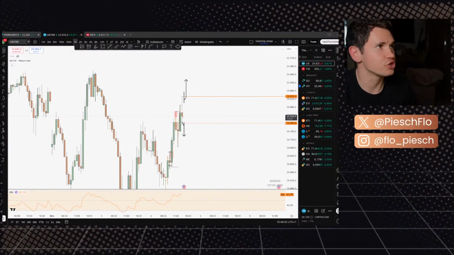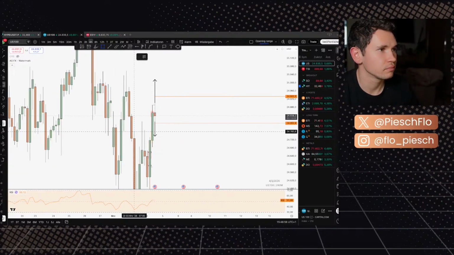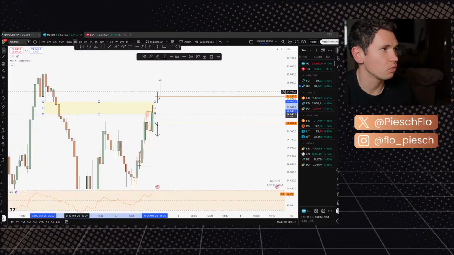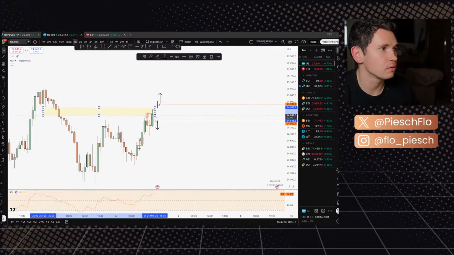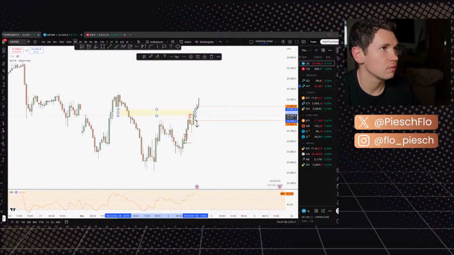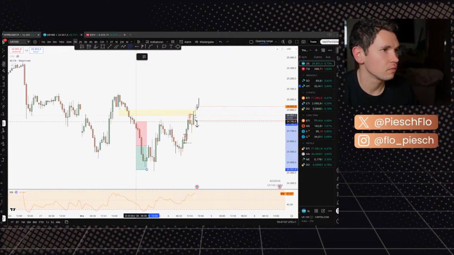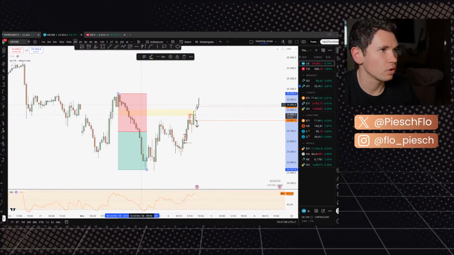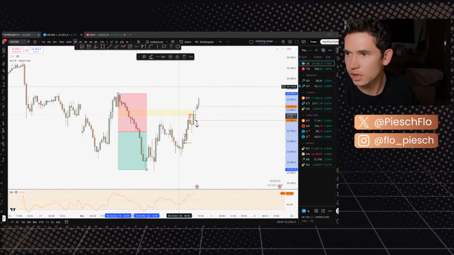Obviously, I wouldn't mind shorts because of our 4 hour imbalance right here, our 1 hour imbalance as well, our 1 hour discount zone.